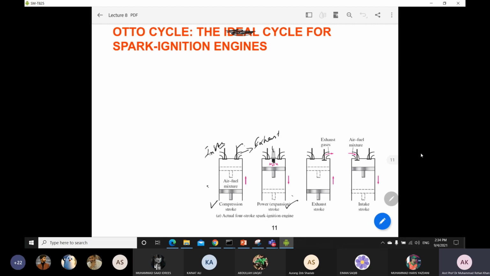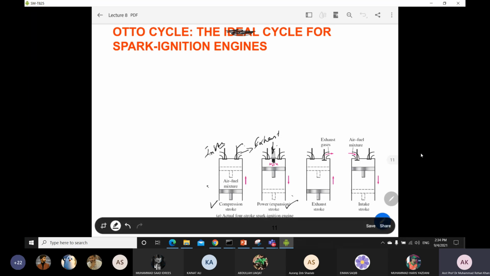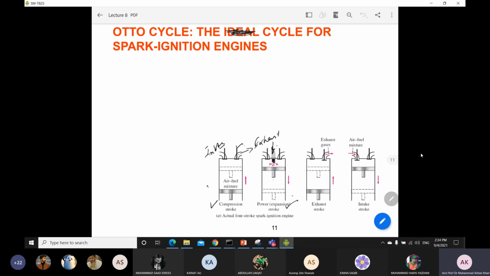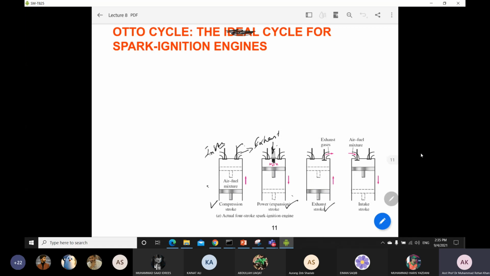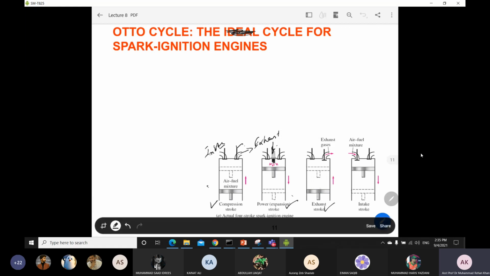Okay, so here there will be a spark, your spark plug. Whenever there is the expansion process, there will be a spark, then there will be combustion also. So in your power stroke, three different processes will be happening. We have to draw on the TS diagram also how these processes look. Then there will be the exhaust stroke. After the combustion process, your piston will move towards TDC again, and all the exhaust gases inside your cylinder will exit.